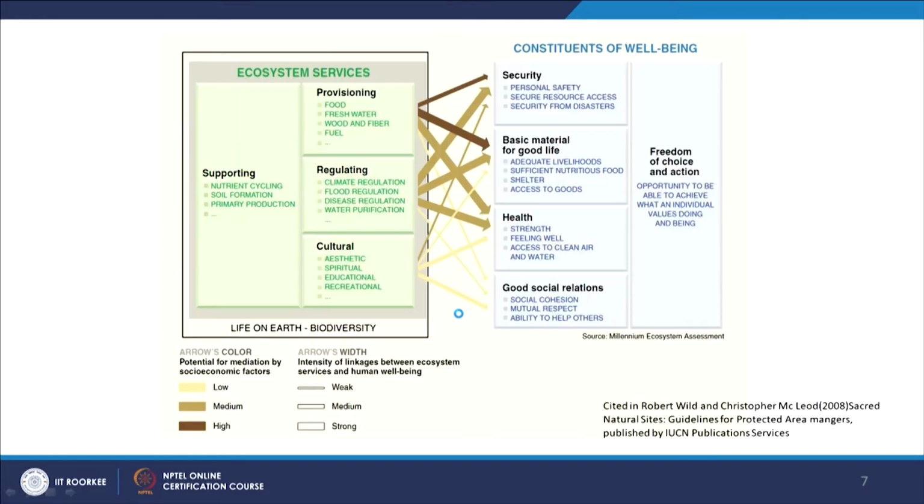So if you look at the next picture, this is from the Sacred Natural Sites guidelines for protected area managers. You can see how they classified the ecosystem services. Mainly they classified them into supporting and provisioning, which are the basic needs, and how it also controls the regulating aspect, and the cultural.